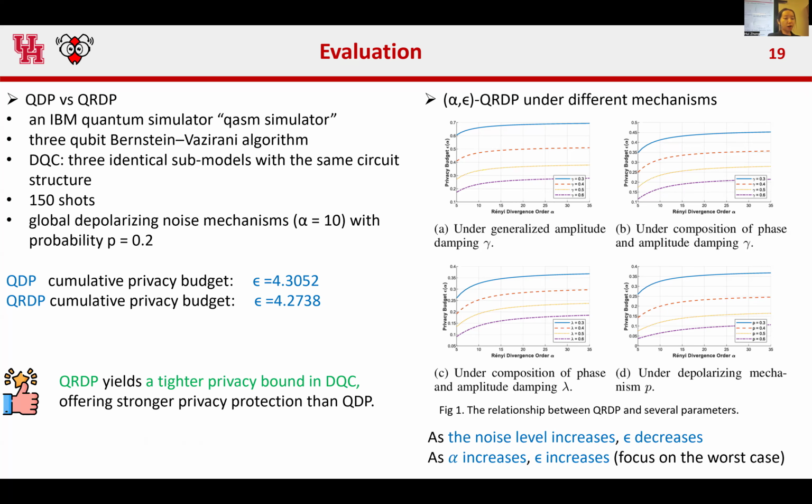So for our first work, we know that QRDP yields a tighter privacy bound in DQC, offering stronger privacy protection than QDP.